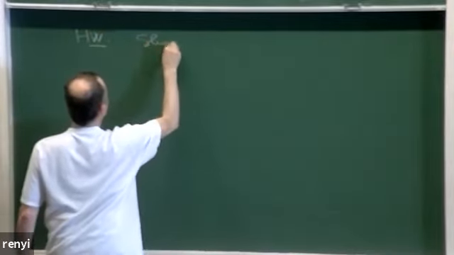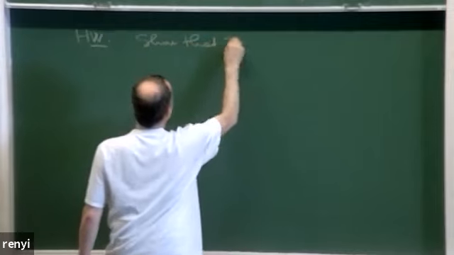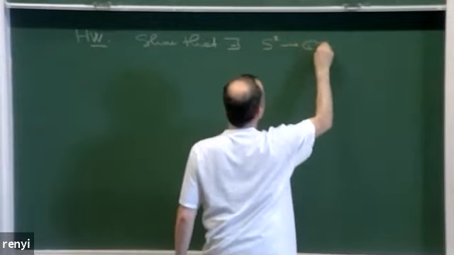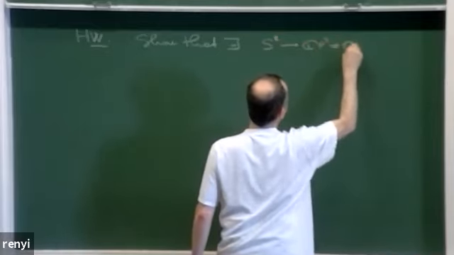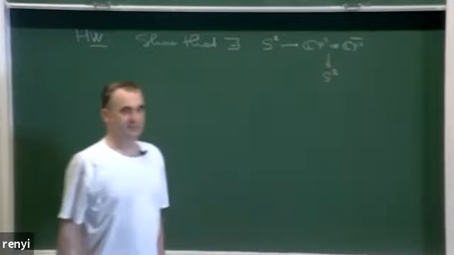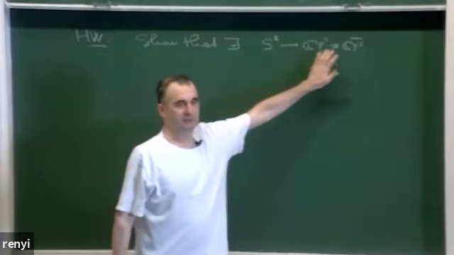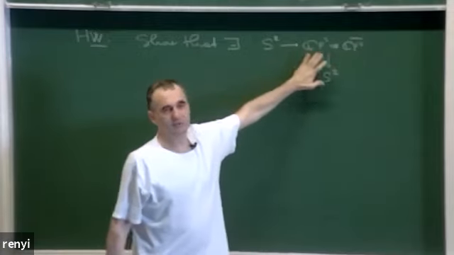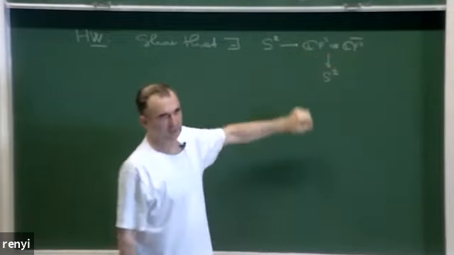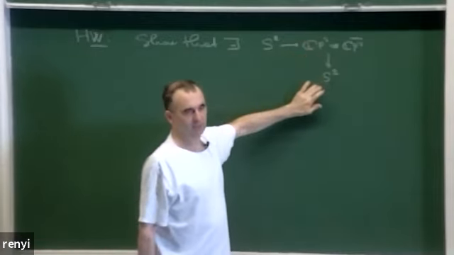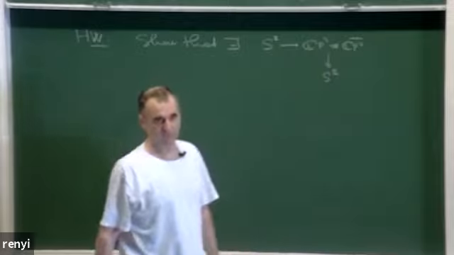Show that there is an S2 bundle structure over S2 on this connected sum, CP2 connected sum with CP2 bar. This is not S2 cross S2. We will get there a little later and show that it also admits an S2 bundle structure over S2.